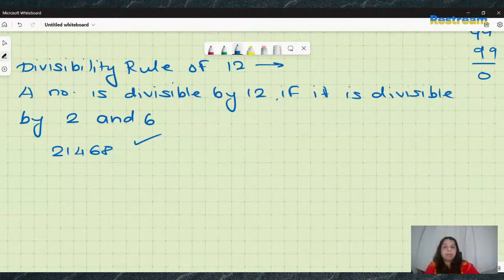Is this number divisible by 3? 2 plus 1, 3, plus 4, 7, plus 6, 13, plus 8, 21. So this number is also divisible by 3. That means this number is divisible by 6. If it is divisible by 2 and by 6, then it is divisible by 12. But still we will check.